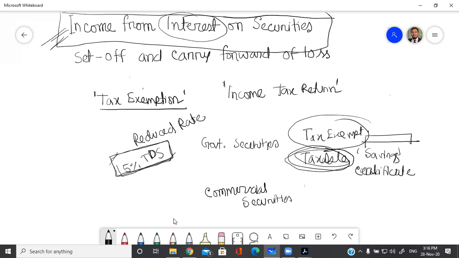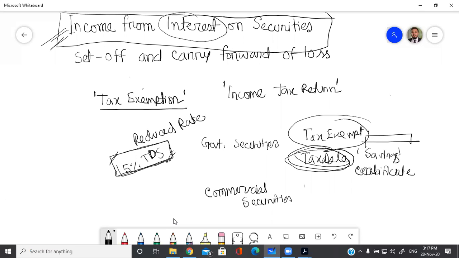They don't show their income from interest on savings certificate in their income tax return, but that is not the right way. The right way is that you need to show that interest income in your income tax return, and you need to adjust your tax liability by telling that the 5% TDS what you have paid is the final.